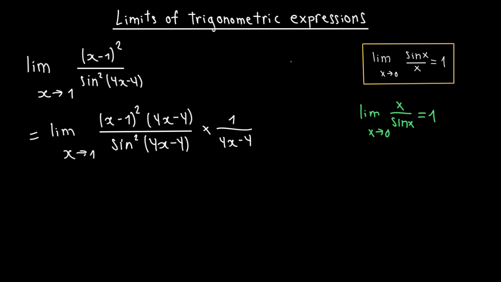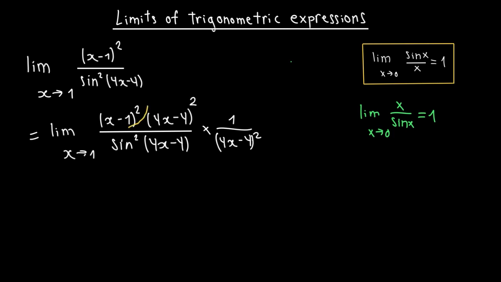So we have something of the form big X divided by sine of big X, which in this case big X is 4x minus 4. But since we have sine squared, we have sine times sine, so we need big X times big X. And so we need 4x minus 4, but twice, so squared. And since we multiply by 4x minus 4 squared, we need to divide by 4x minus 4 squared.